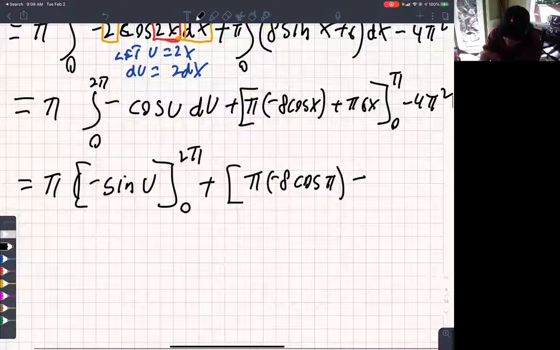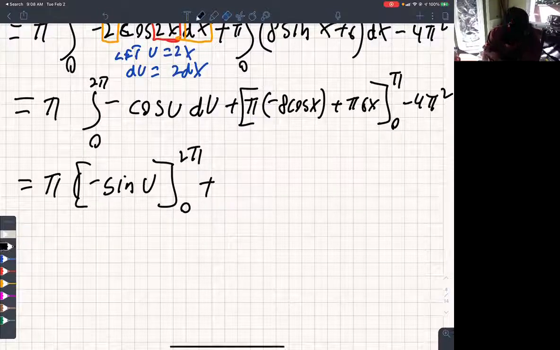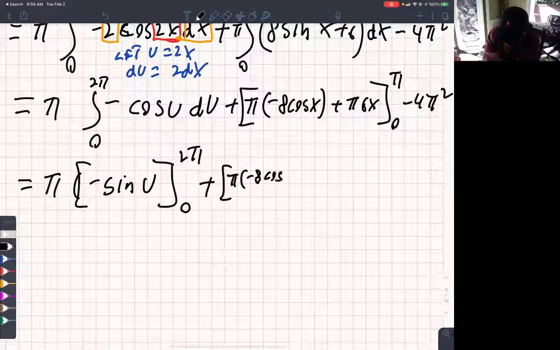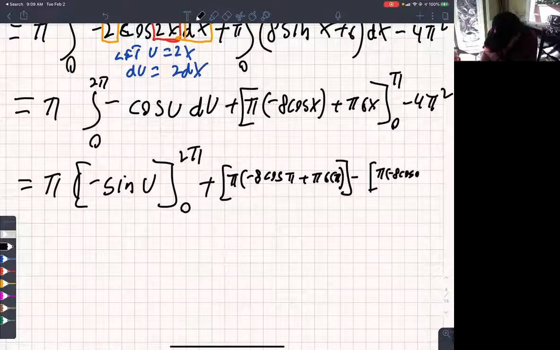I should have written smaller. Pi times -8 cosine pi plus pi 6 times pi, minus, I plug in 0. Pi -8 cosine 0, and then that's going to be 0 minus 4 pi squared.